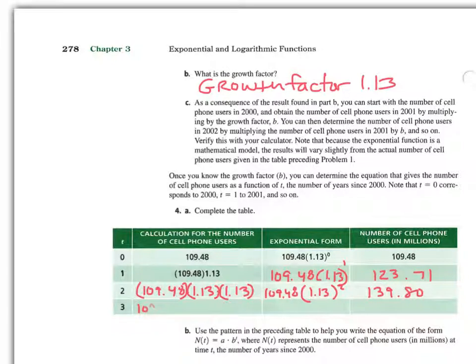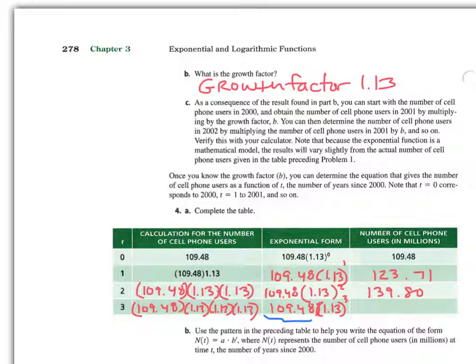So let's do the next one. So that means I have to do my initial times 1.13. Now I'm doing it 3 times because I'm 3 years past that initial year. So I would write it as 1.13 to the third times, again, don't look at this initial one.